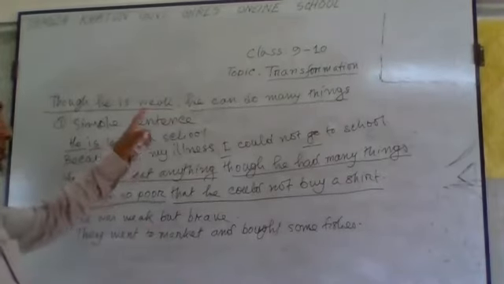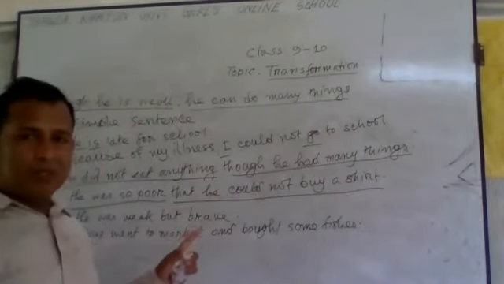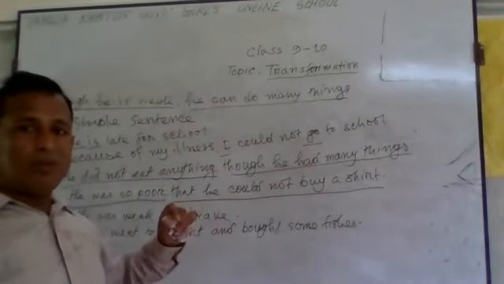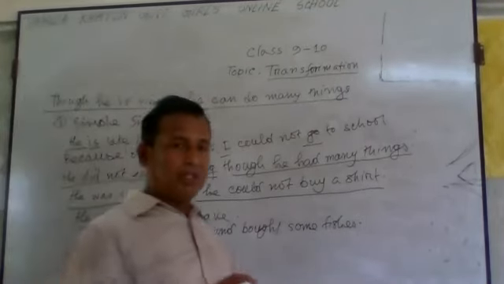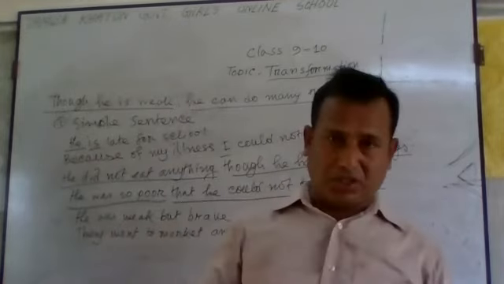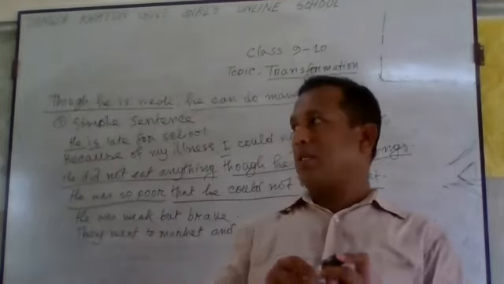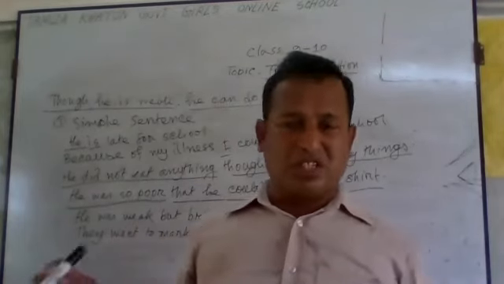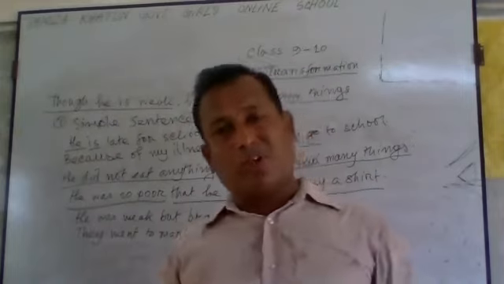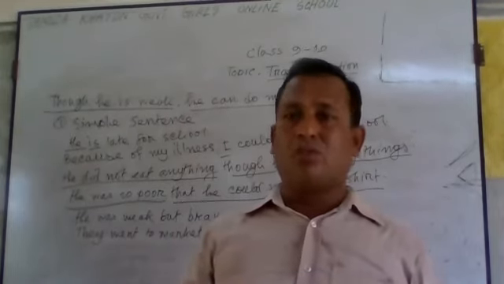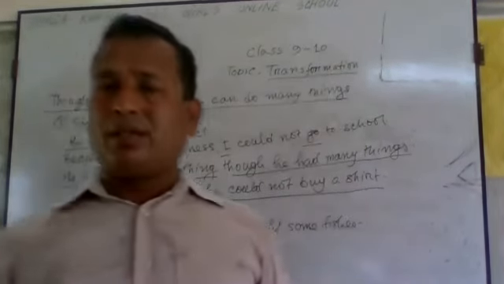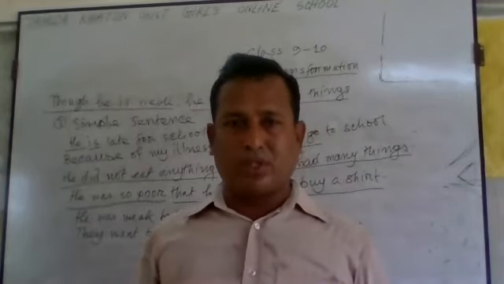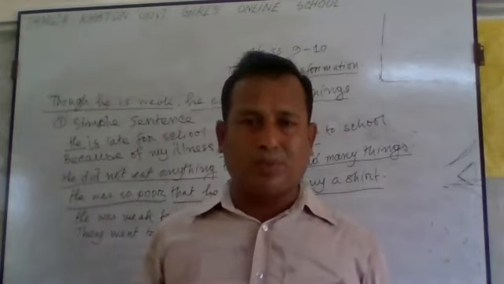Okay, today's topic is transformation, and in transformation we mostly need to learn the sentences. As for transformations, the raw materials are sentences. Without learning sentences, nobody can learn or do transformation accurately and properly.